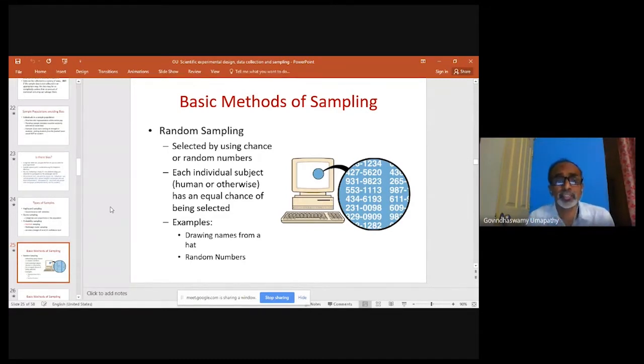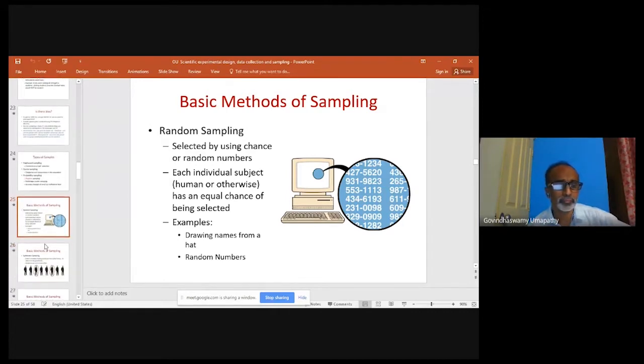If you select by using chance or random numbers, each individual has an equal chance of being selected, like drawing names or random numbers. Many times people choose a random number and pick an individual from the population so that it's not biased towards a person.